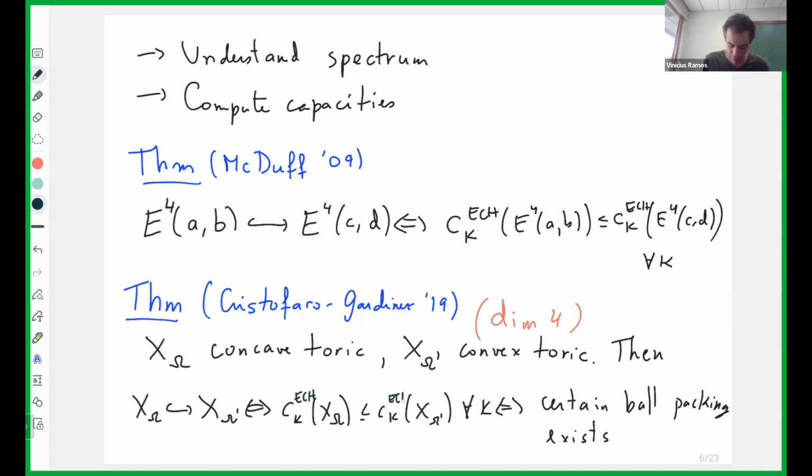So in other words, ECH capacities are sharp for the embedding of a concave toric domain into a convex toric domain. And he also did this using a certain ball packing. He proves that this symplectic embedding exists if and only if a certain ball packing exists, and then he proves that the ball packing exists if and only if there's an inequality of ECH capacities.